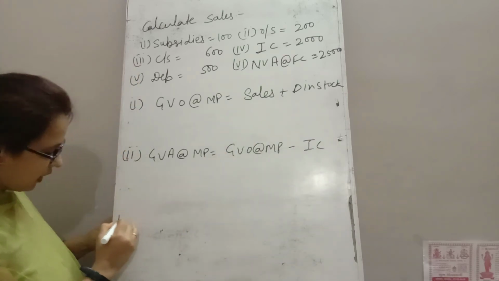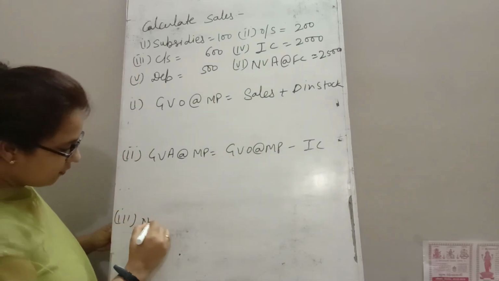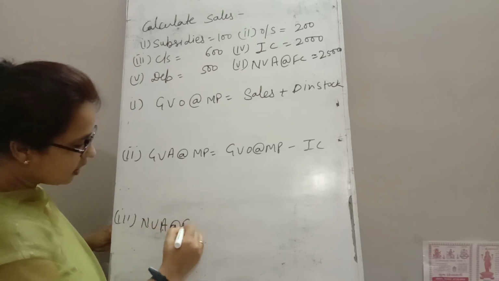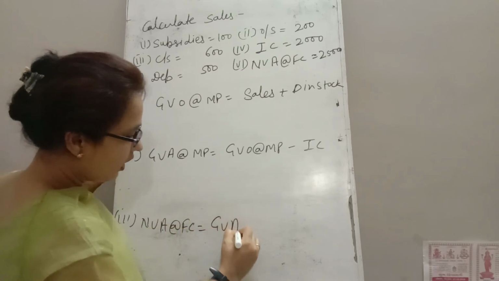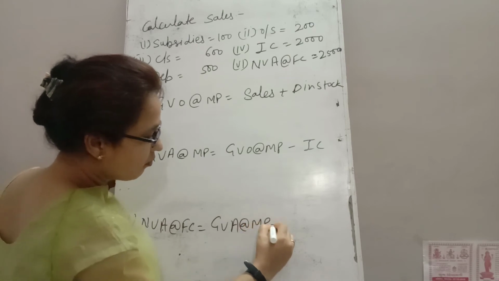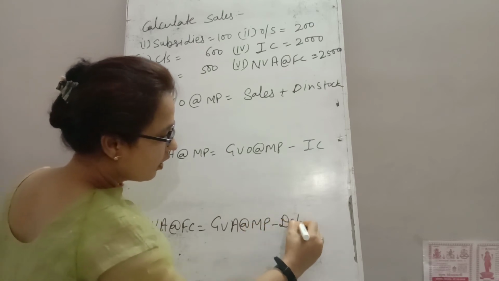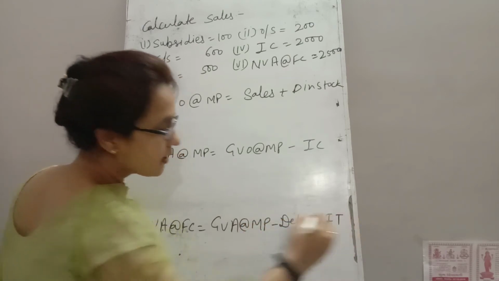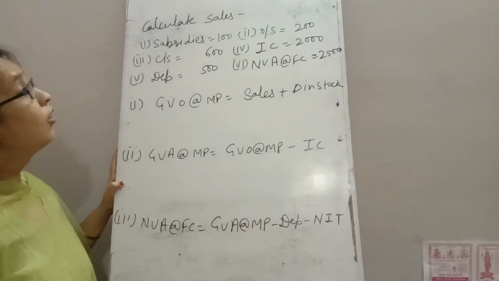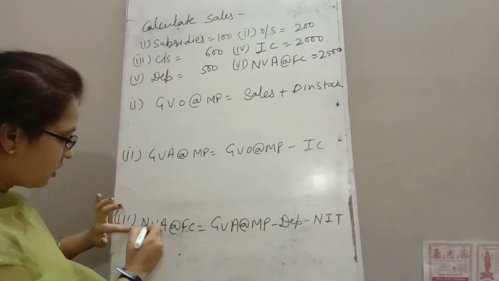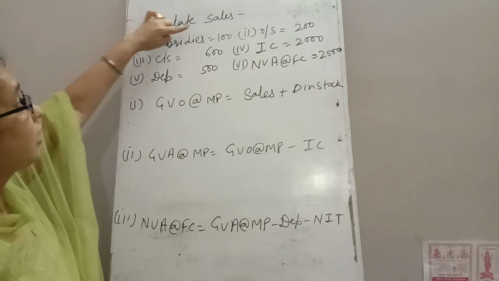And third formula, write it, which was NVA at FC equal to GVA at MP minus depreciation minus net indirect taxes. Clear? First of all, just see what you have to calculate, sales.